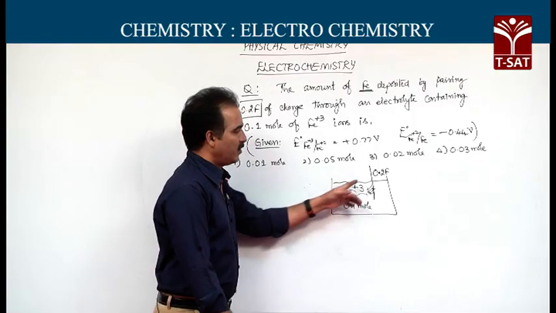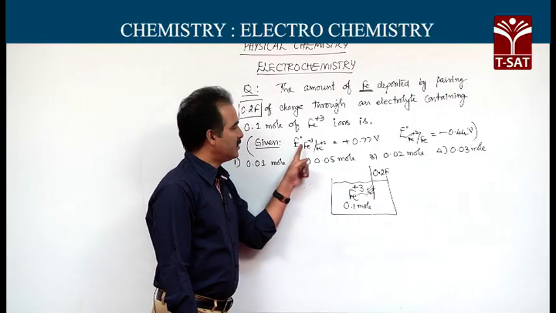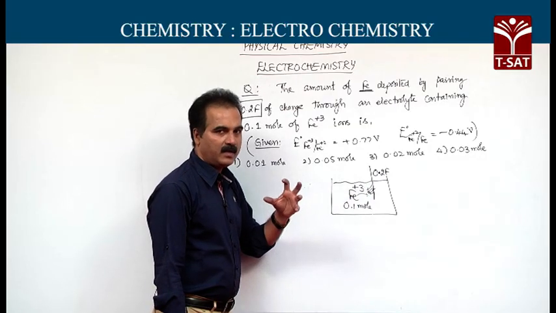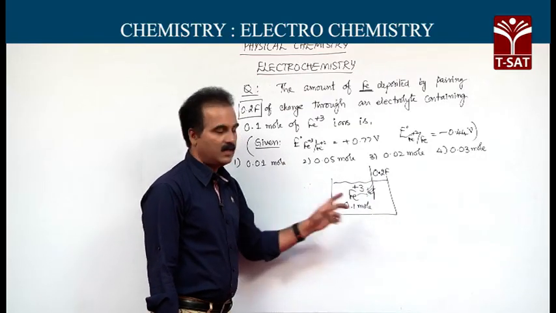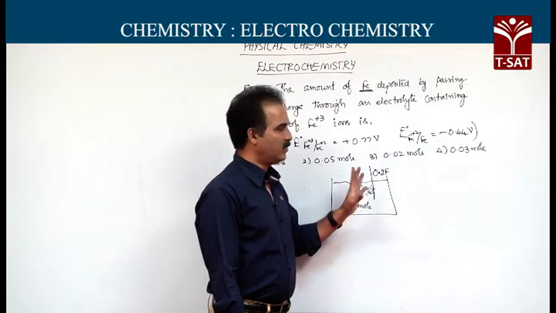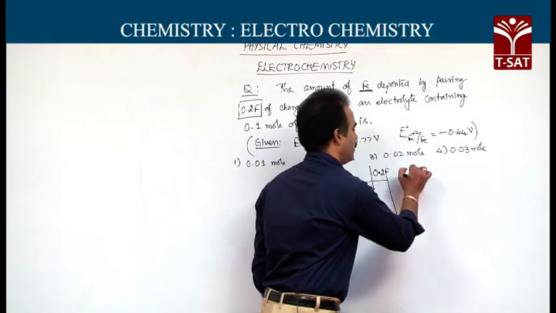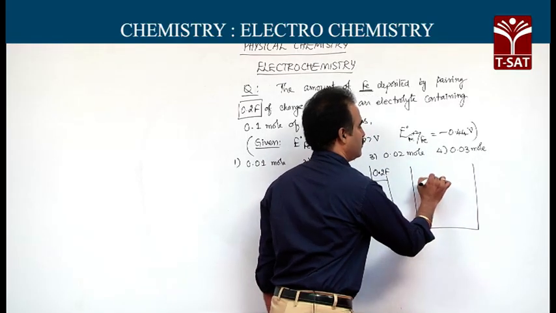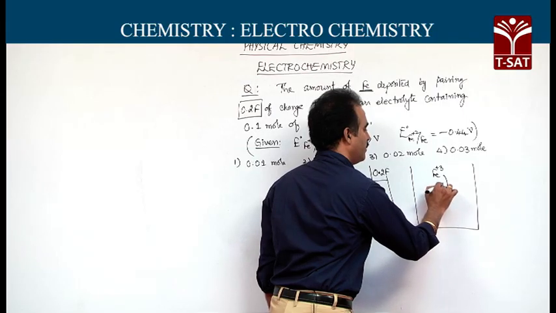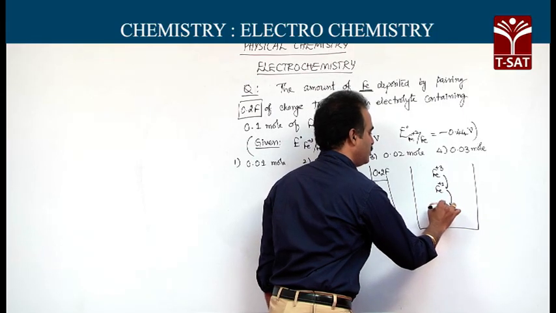What is the meaning? When you drive electrons, first all the ferric will reduce to ferrous ions, and later the ferrous will reduce to iron. That is the process. So, we have ferric, first it will reduce to ferrous, then it will reduce to iron.